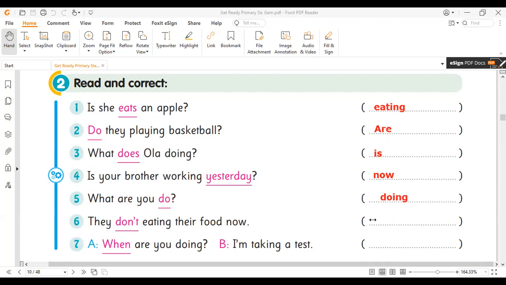Rahf, number 6. Okay. One minute. Yeah, take your time. They are? Excellent. But aren't, because it's negative. Excellent. Okay.